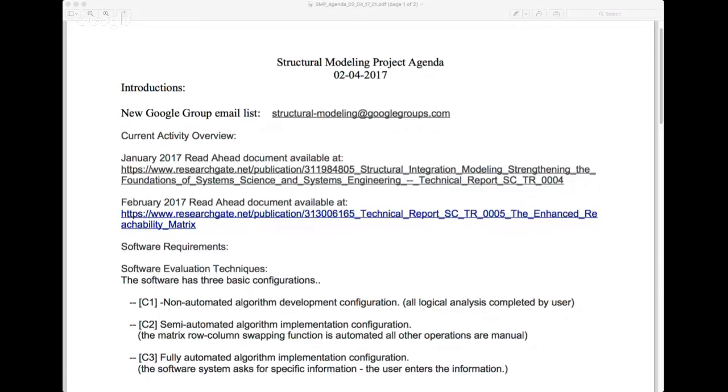That detail then produced the technical report where we looked at all the different kinds of matrices and did an overview, technical report number 4. Then in technical report number 5, we looked specifically at the reachability matrix and the issues associated with it, and developed the enhanced reachability matrix.